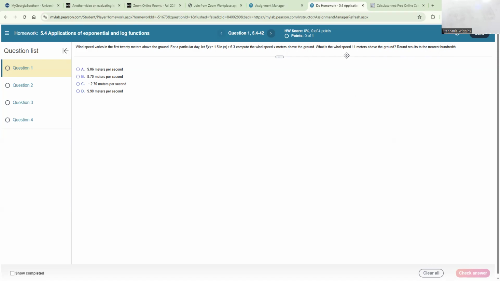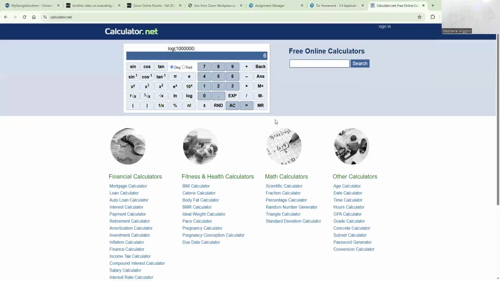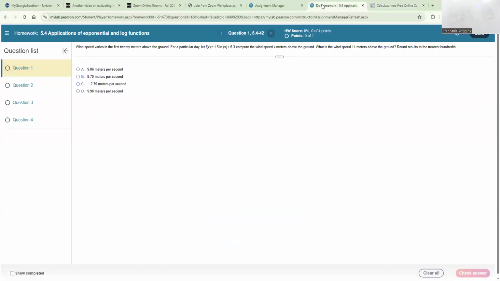So basically, all we're going to do is take that 11 and plug it into our equation. So let me do that. It's going to be 1.5 times the natural log of 11 plus 6.3.